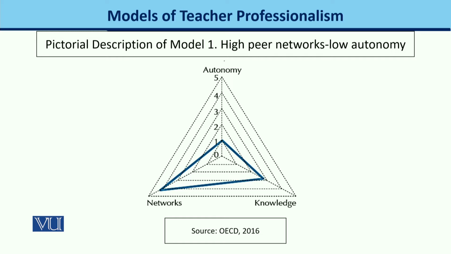As we have discussed, this model focuses on the network. The blue line in the middle of the triangle is more inclined towards the networks. It means the focus or the weightage is more towards network, and knowledge and autonomy are not equal to the network. This is given by OECD in 2016.